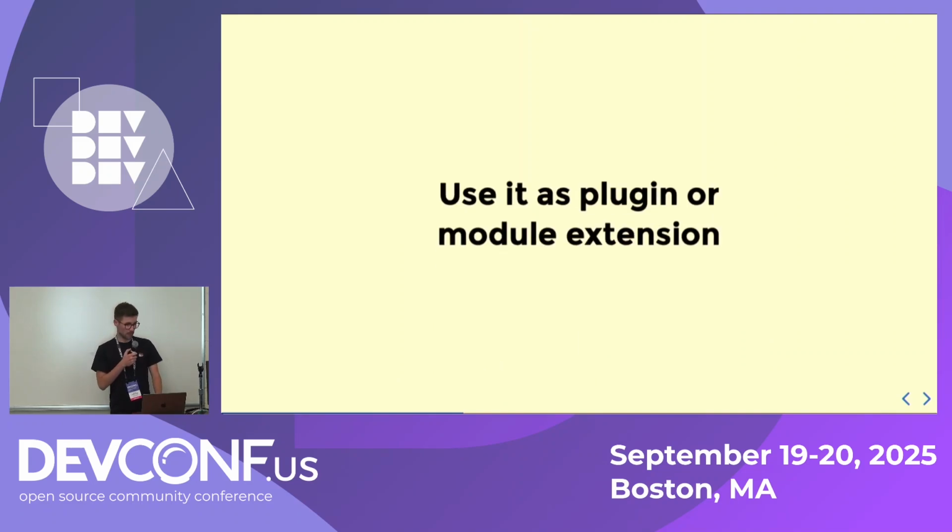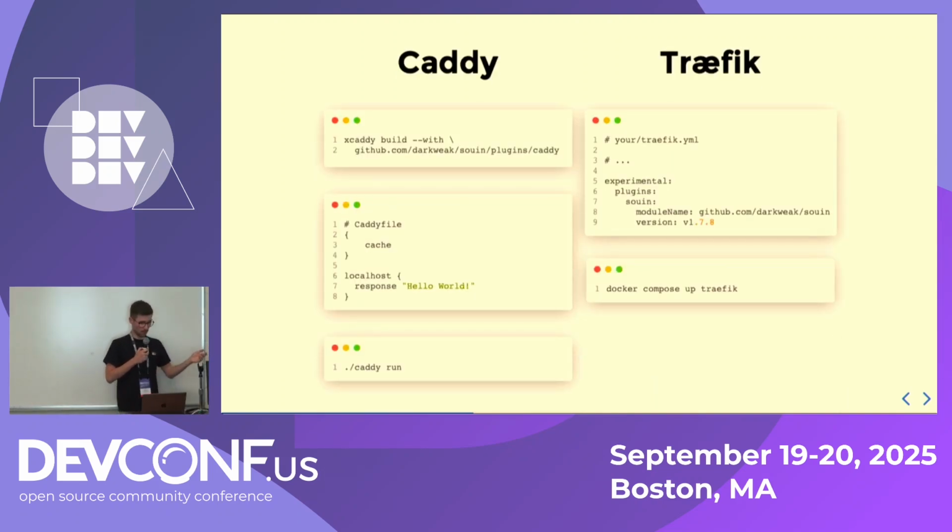So to use it as a plugin or module extension, if you use Træfik, Caddy, or any Go reverse proxy, you don't have many steps to do to support it. For Caddy, on the left, you can just create your own Caddy instance with xcaddy build, double dash with, and your package.